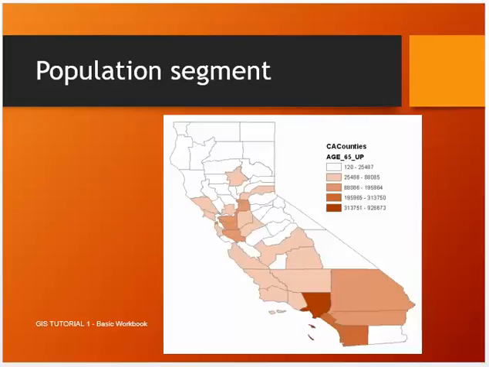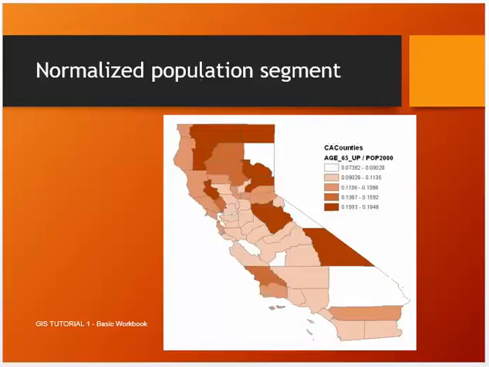Now, one of the drawbacks or things to remember when you are using this method with the population segment is that you're probably going to get a map that looks very similar visually to the total population map, because it's a known fact where there's lots of people living, there's also lots of people in a particular age cohort. So keep that in mind. The way around that is to normalize that by the total population.